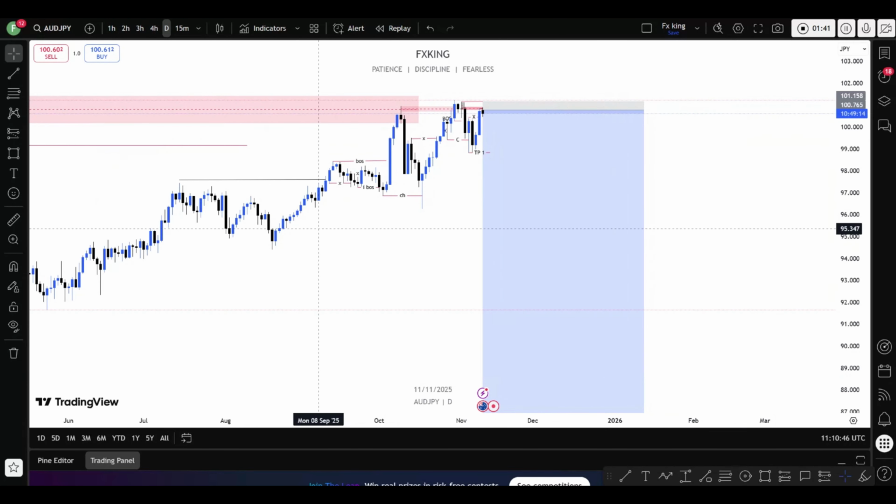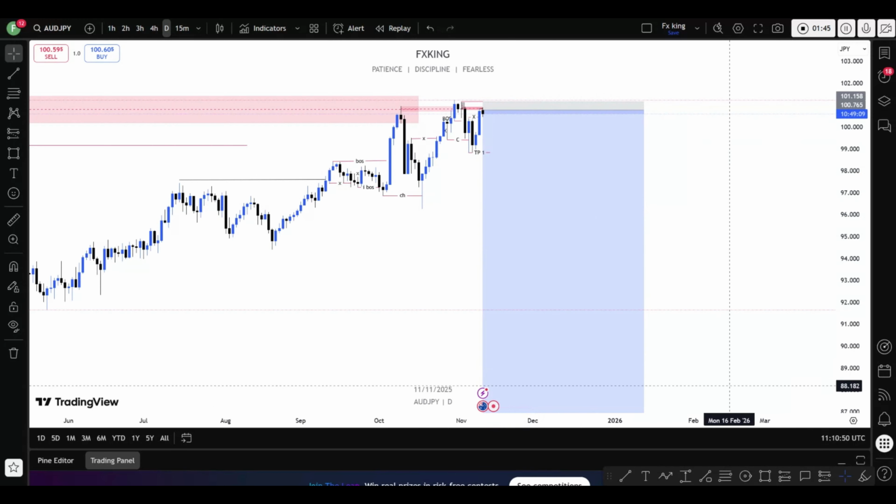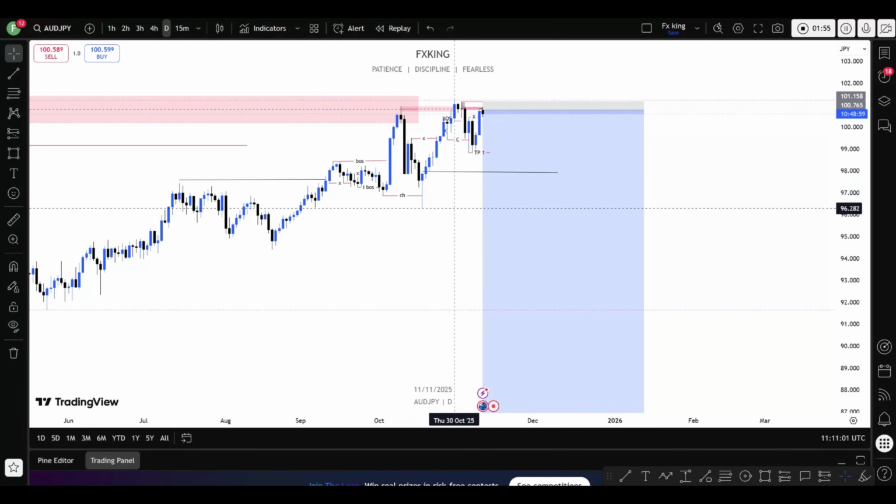Now we are done with that side, but if you look here, you can see that basically this market is still bullish, right? This market is still bullish, even though we have this sweep here. So we expect the market to still drop right down here and give us a buy to the upside.